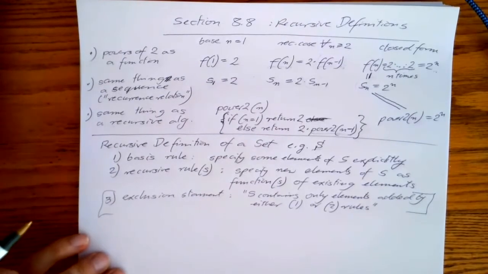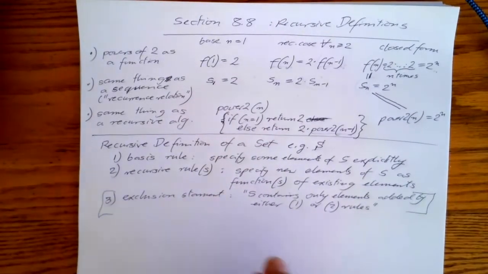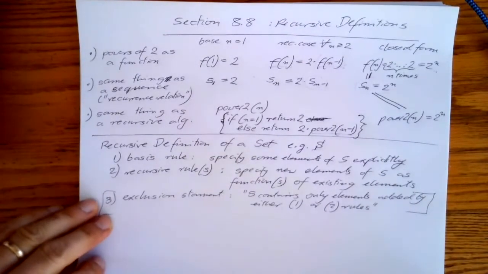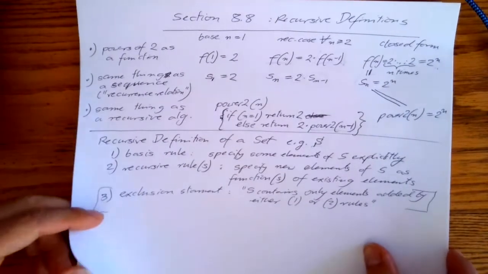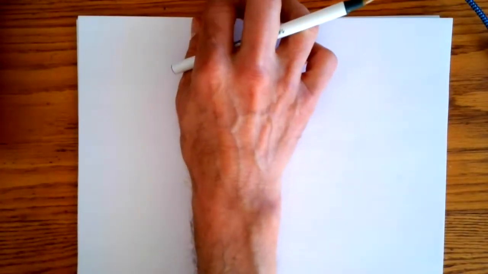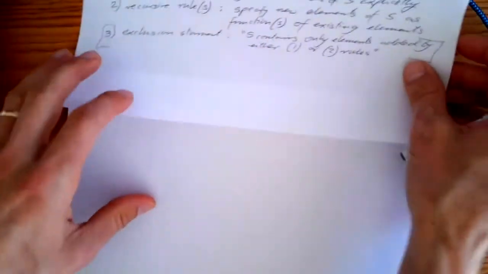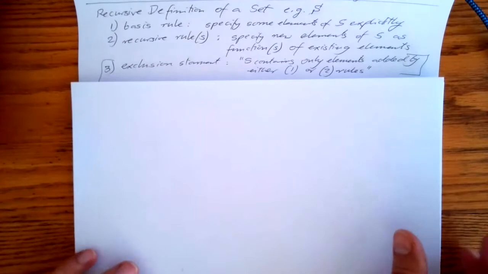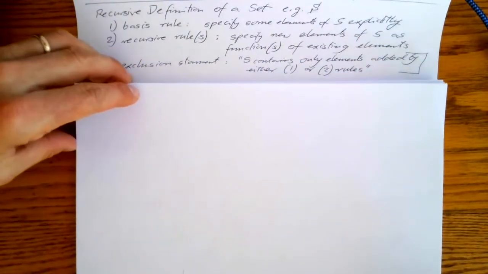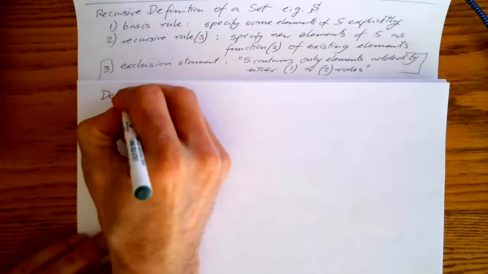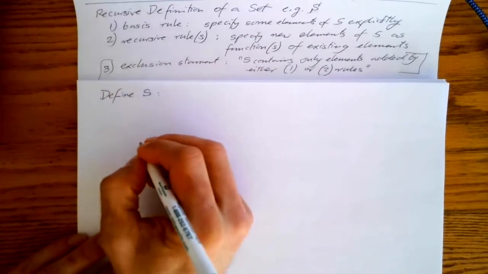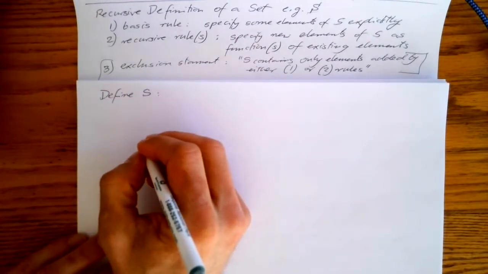Okay, let's look at some examples. Let's keep this blueprint for a sec, so we can see it, and let's exemplify it now. So, how about the following recursive definition of set S?